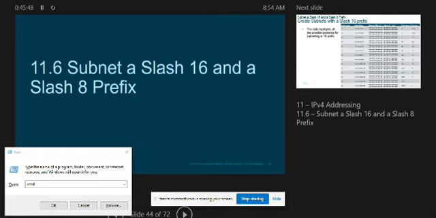So this question needs to be a 1 through 62. There's got to be 1 less than the broadcast and 1 more than the network. Y'all see it? So as long as I don't have all 1s and I don't have all 0s, I have an IP address.